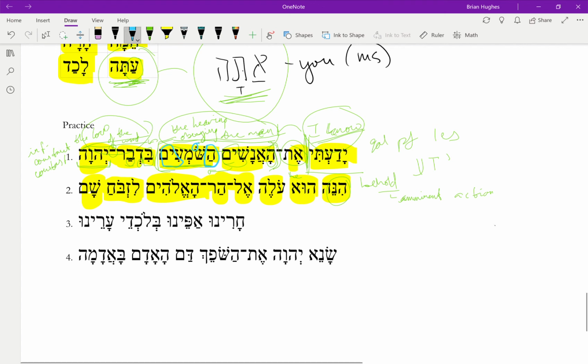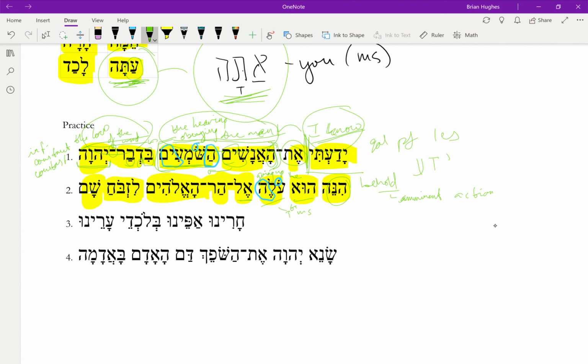Oleh, up. We've got a cholam over the first root, and we have a segol hey. This is how our third hey, masculine, singular, active participles are formed, right? From alah, to go up. So this is going up. So it agrees in gender and number with the noun that it precedes, but there's no definite article. So we're going to have to figure out, is this an attributive use or a predicative use? But at least we've figured out the participle.